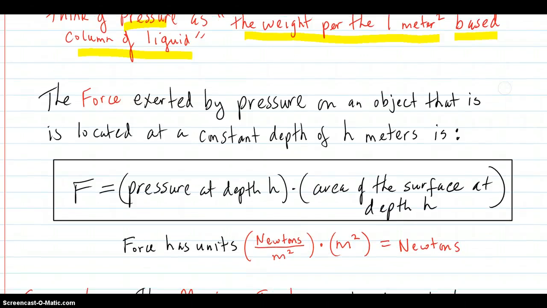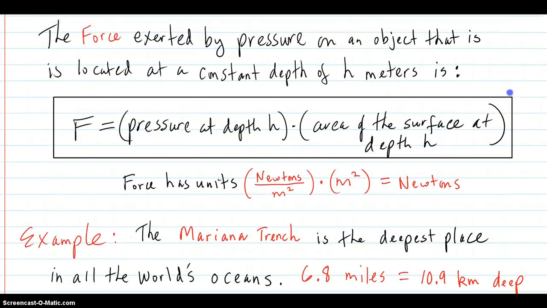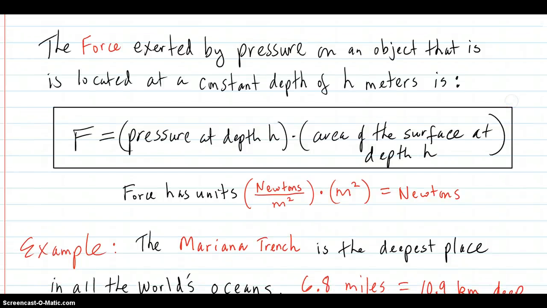So now what about force related to that? The force exerted by the pressure of the liquid on an object located at a constant depth of h meters, like a flat plate laying down there, is the pressure at the depth of h times the area of the surface of the plate or the object at depth h.